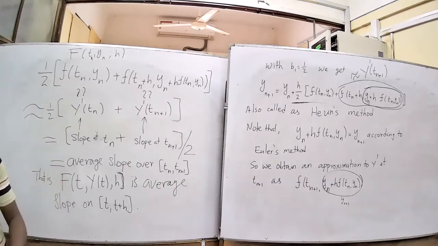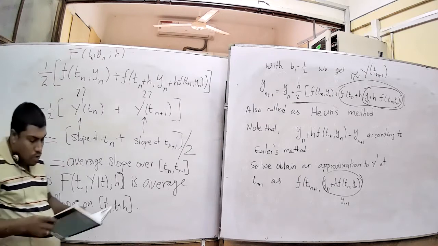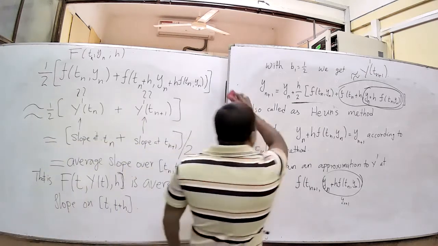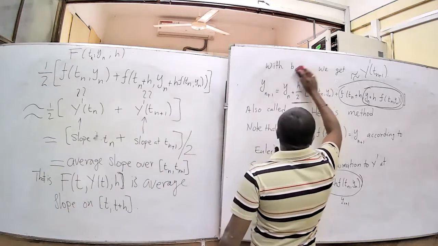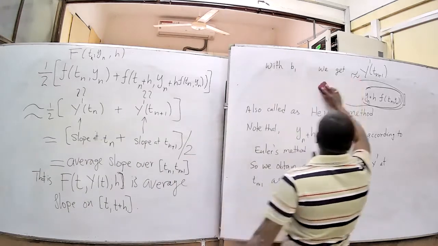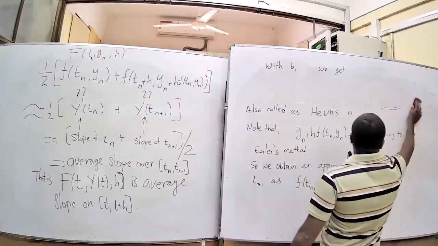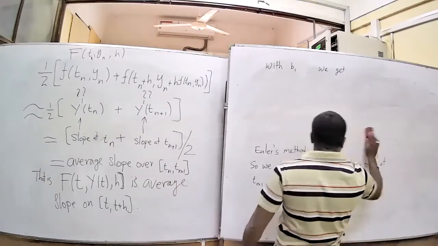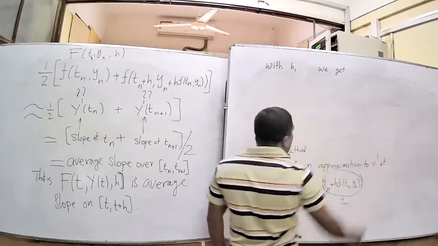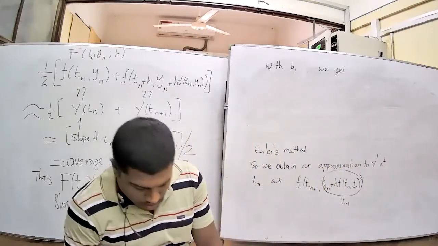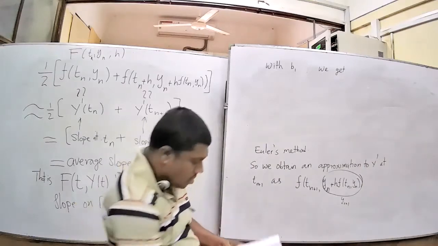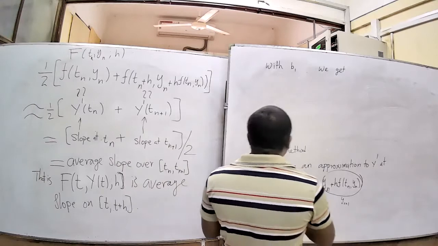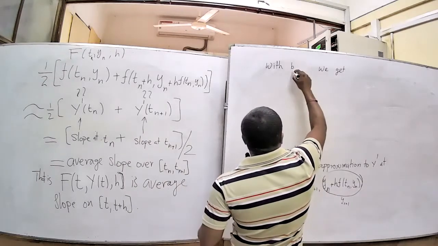Now I will give you another example. Just by putting b1 equal to 1, you get another method. I'm sorry, b2, we keep saying b2.